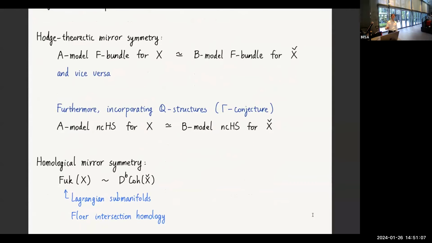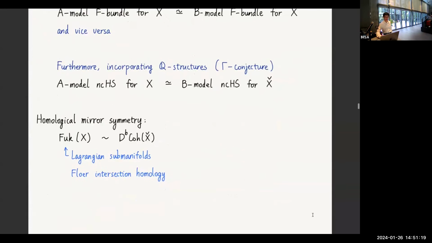So the further generalization is homological mirror symmetry. We get this equivalence between the Fukaya category and the D^b of the mirror.